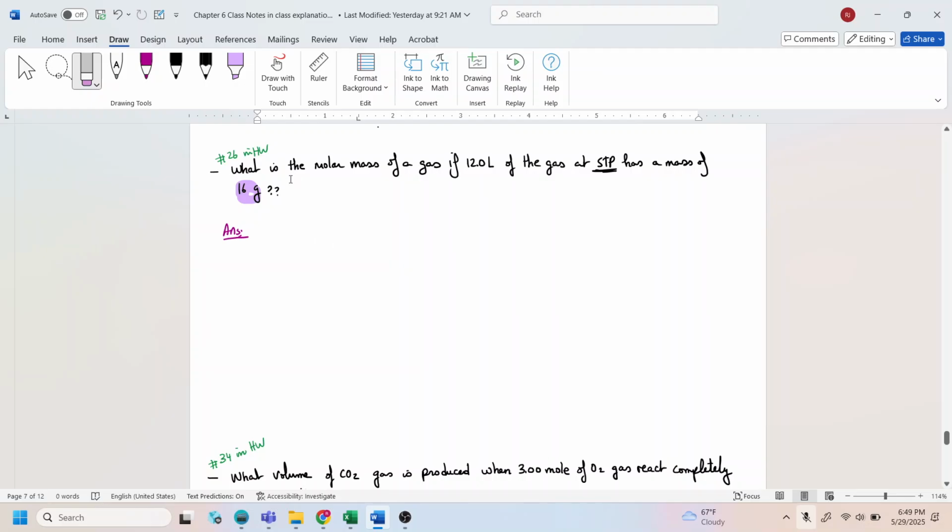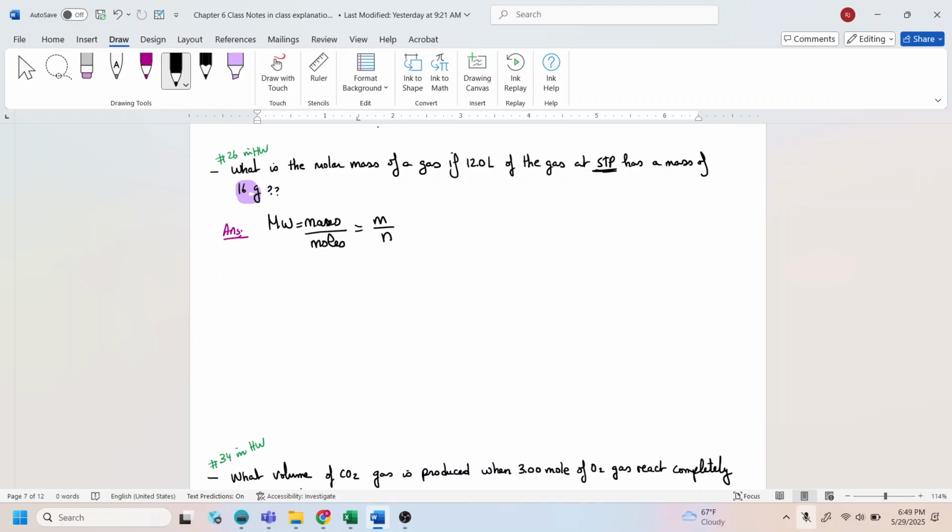Another problem, this is similar to the molar mass problem that we did earlier. So they need the molecular weight. So if they need the molecular weight, we already have a formula between the molecular weight and the mass and the number of moles, which is M equals mass divided by n.